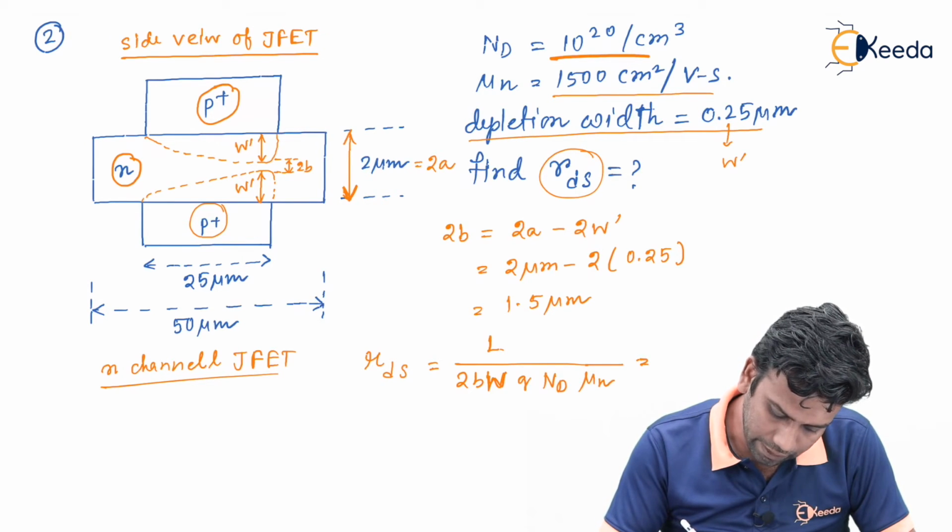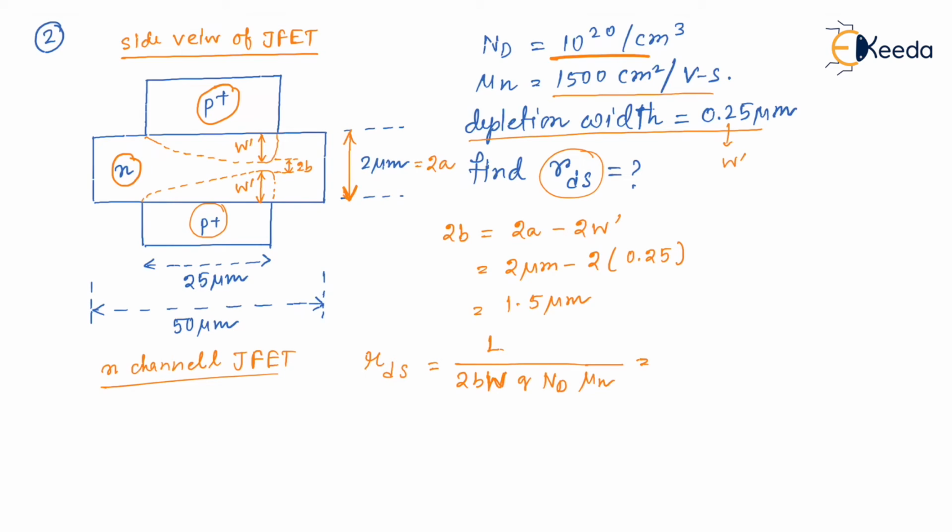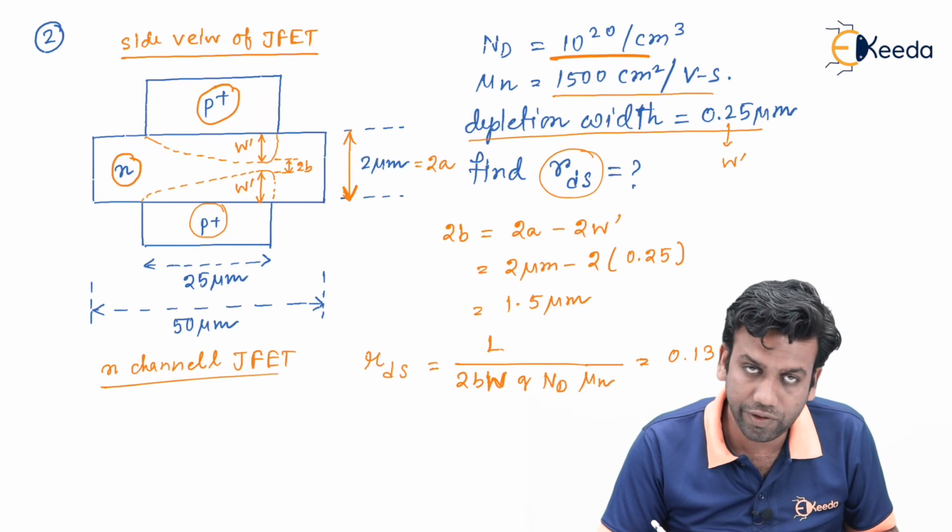Using these values, L is 50 micrometer, B is given, W is given, Q is given, ND is also given, mu n is also given. So if we put all the values, then we will get 0.139 micrometer. So this is the value of the channel drain to source resistance of the N channel JFET that is given inside the problem. Thank you.